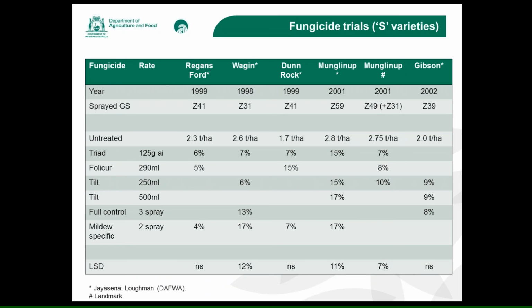I guess a lot of interest at the moment is around controlling the disease with fungicides. As you can see from this table, and these are trials that have been run in the past by people like Keith Jayasena in Albany and Rob Lockman and some of our Landmark colleagues. These results are from trials run in the late 90s and early 2000s.